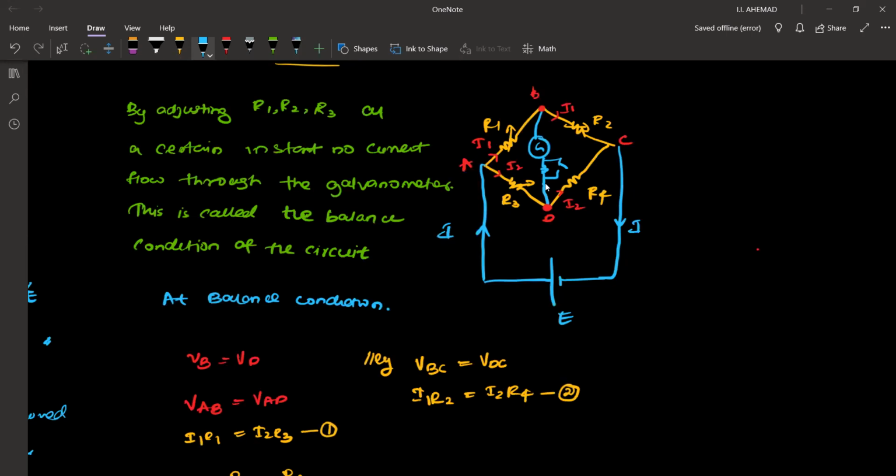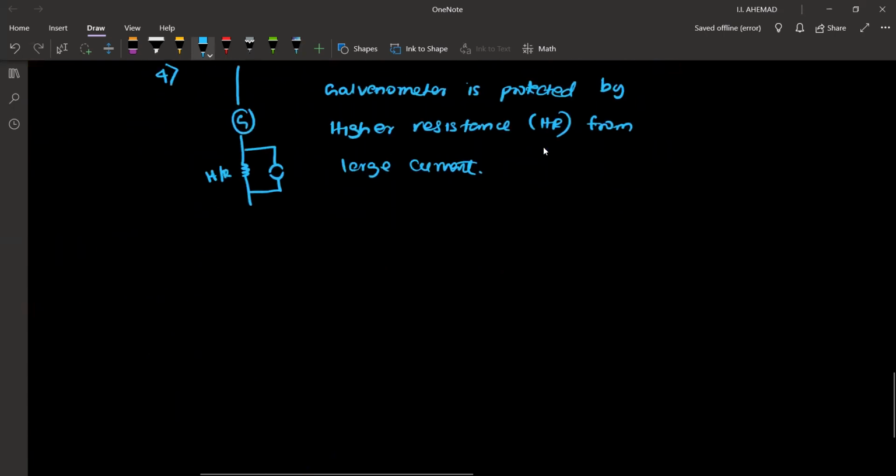So obviously the current is low. So we adjust these resistors until the galvanometer reading becomes 0. So that is a rough balance. Now you close the key. Again, this galvanometer will slightly deflect because a small current will start to flow. Once again, you make minor adjustments, not coarse adjustments, to these resistances and make it 0. Okay, so that's note number 5.